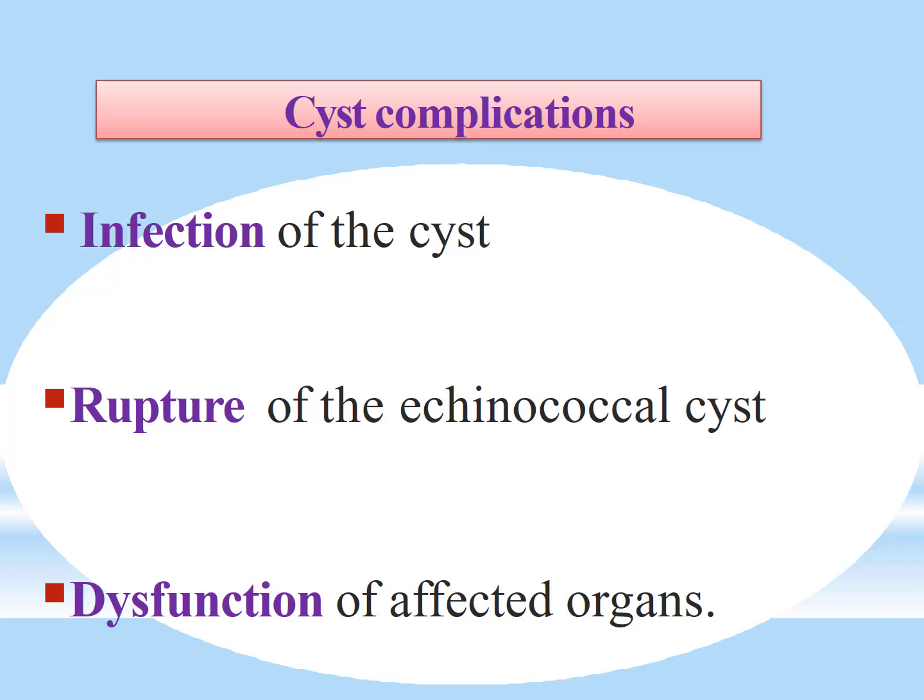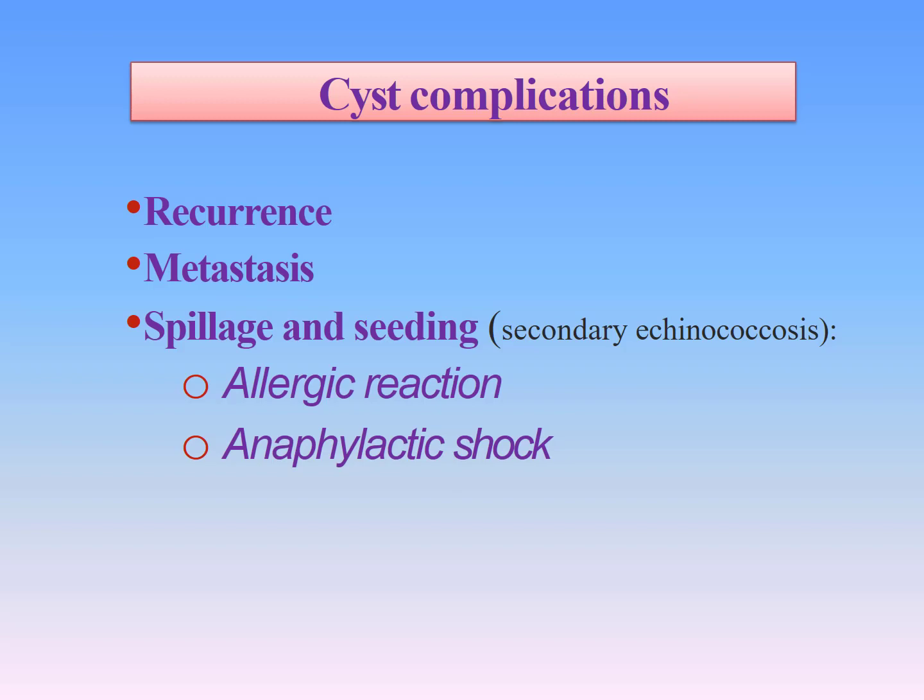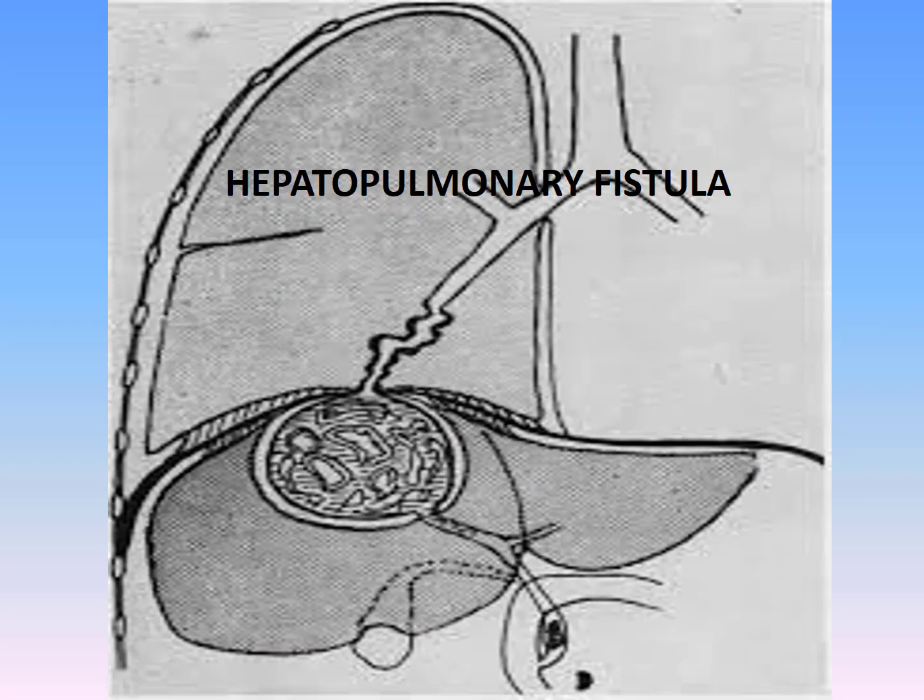Okay, so free rupture may result in disseminated echinococcosis, or there may be a fatal anaphylactic reaction. Okay, a recurrence is quite common. This is the most common complication of the hydatid cyst.